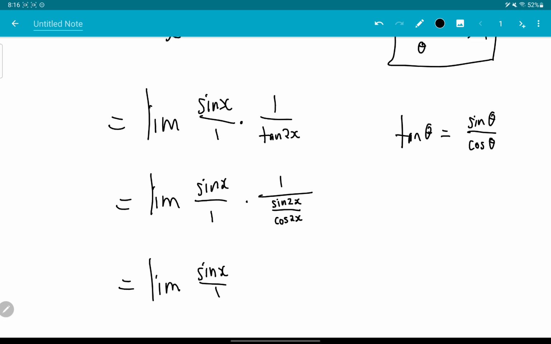Sine x over 1. Now I have 1 divided by a fraction, so I just flip that fraction. And now again, I'm going to try to use sine theta over theta goes to 1.